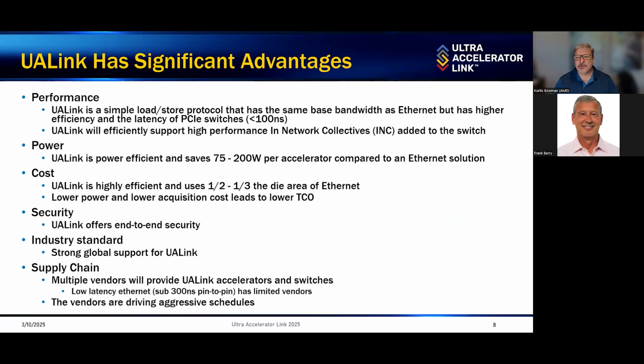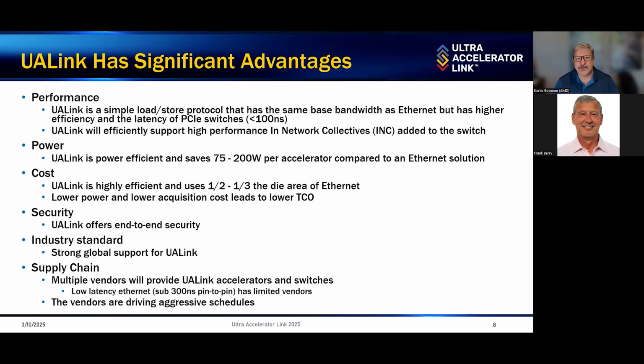Now let's talk about some of those advantages. So performance. UALink is really a simple load store protocol. And it has that same base bandwidth as Ethernet, that 200 gigabit per second bandwidth. And it has a higher efficiency than Ethernet because we're not trying to packetize it. We're putting it into flits and we're sending it across the wire.